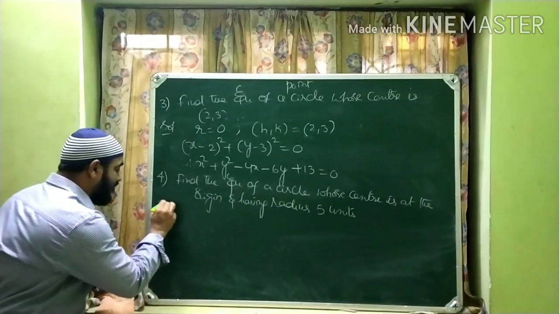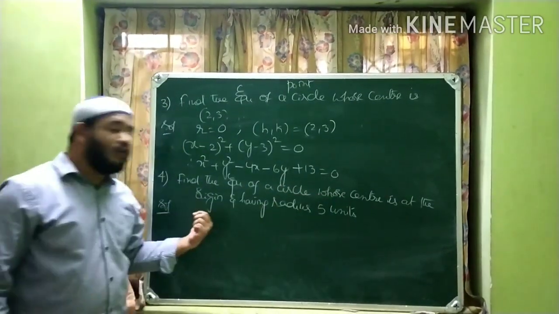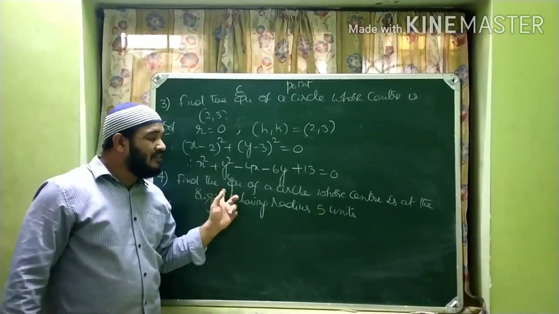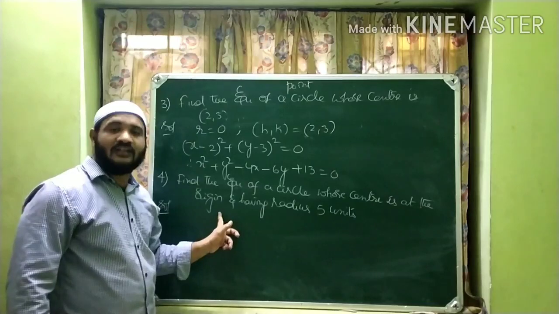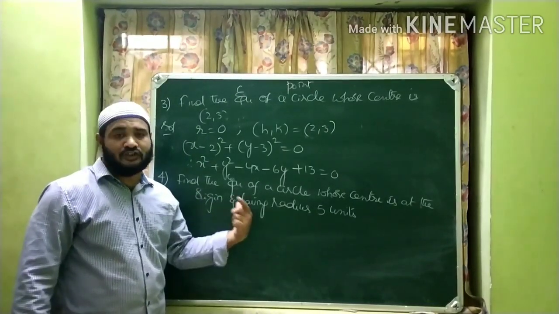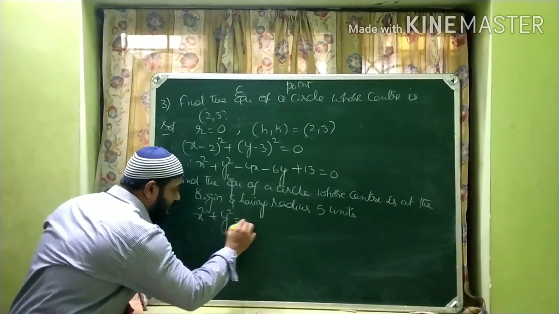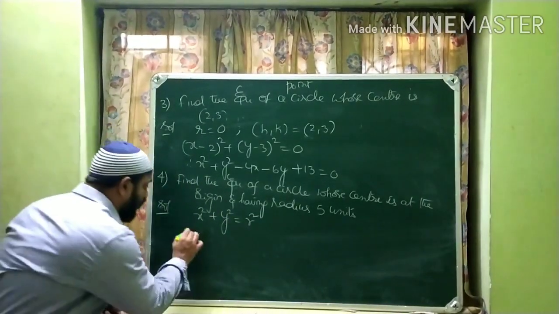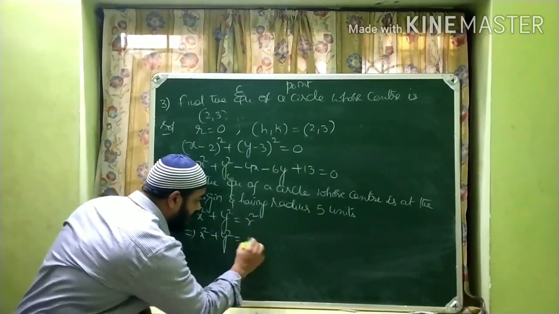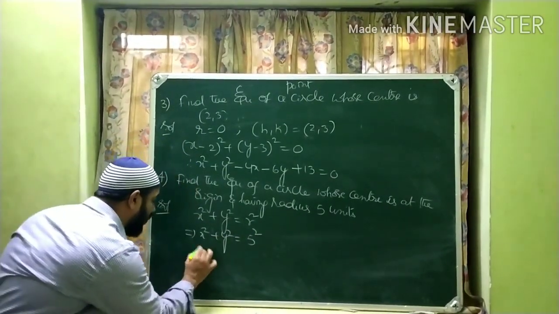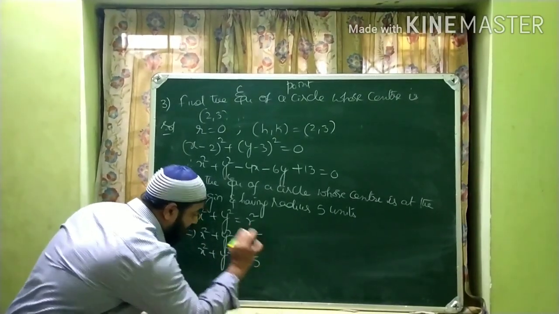Can you please tell me what is the equation of the circle whose center is at the origin? Yes, it is the standard equation of the circle, that is x square plus y square equals r square. So how much is the radius given? 5 square. Therefore x square plus y square is equal to 25.